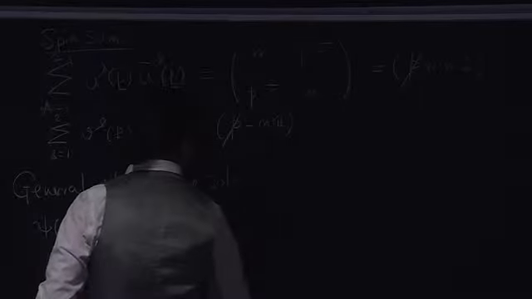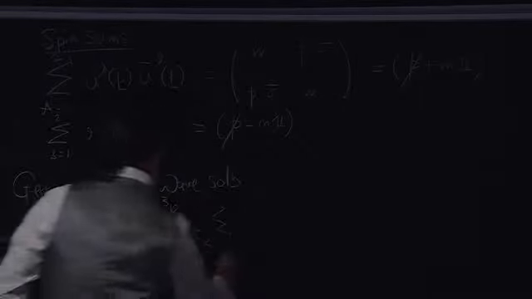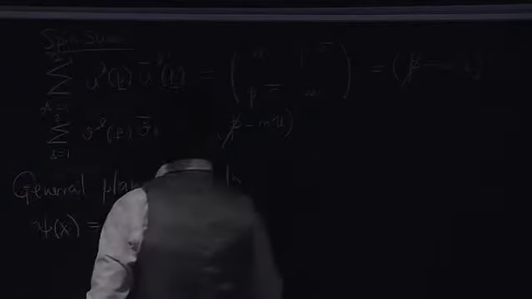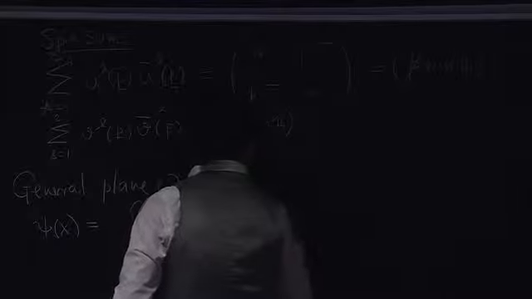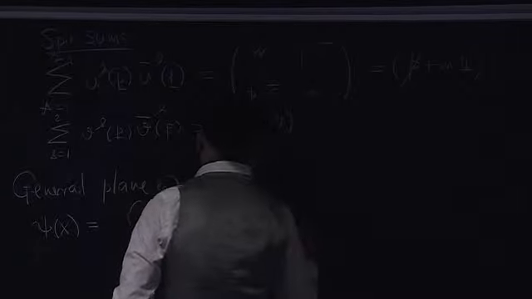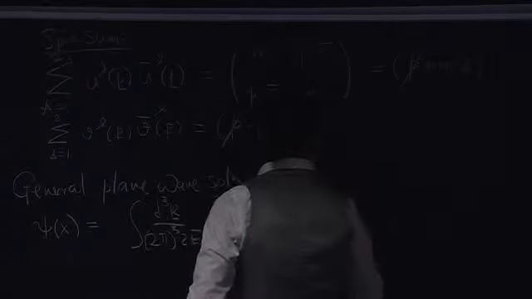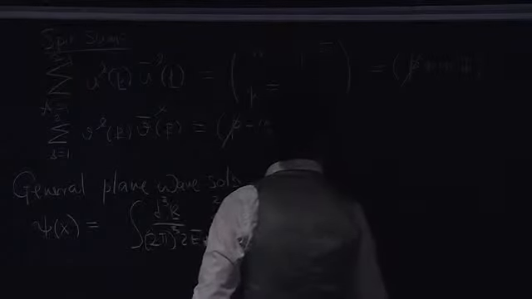We have an additional spin degree of freedom, so we have to sum over that. And here is the spinor, and the Fourier coefficients, these are b_s(p).